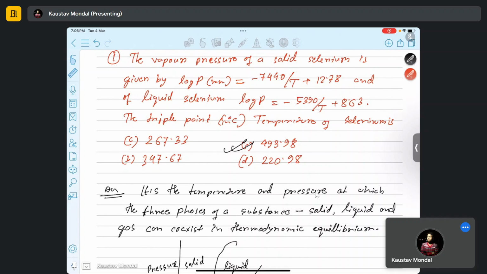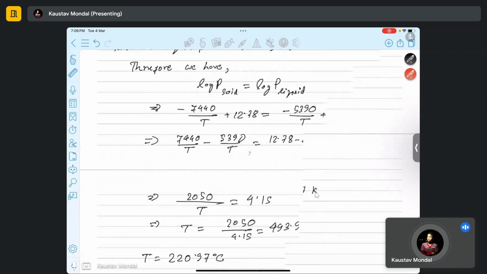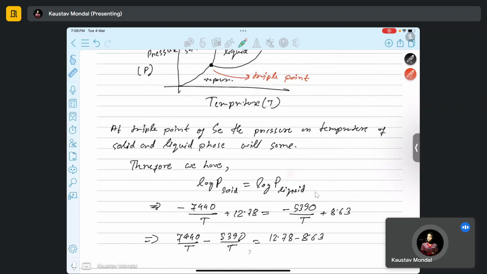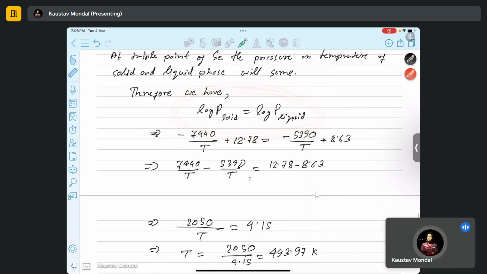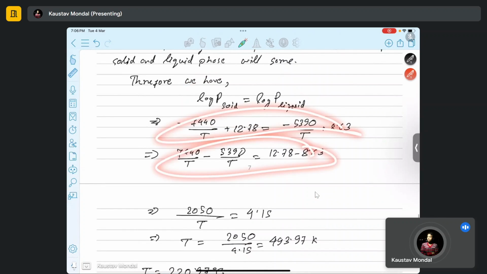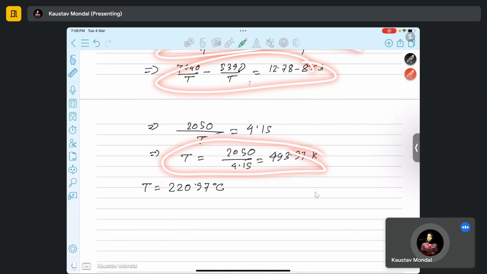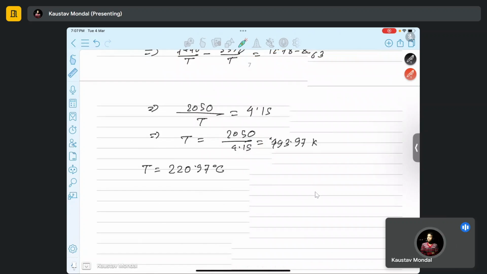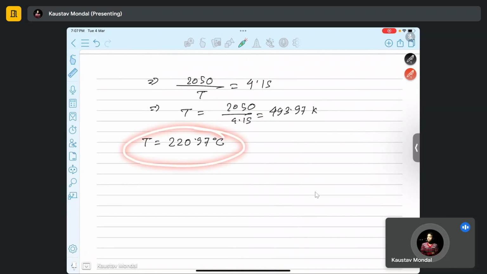The vapor pressure expressions for selenium are given, so we equate them and solve for the temperature, and T is 220.97 degrees centigrade.